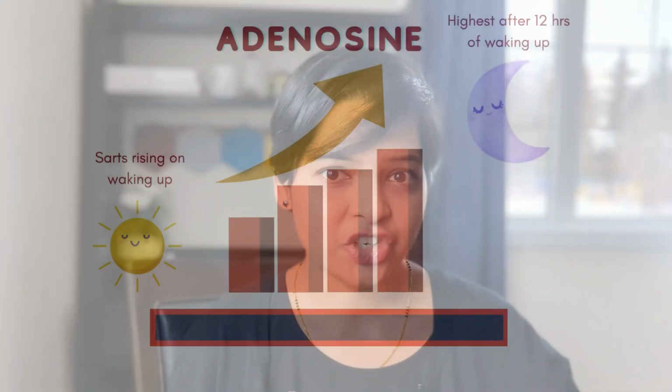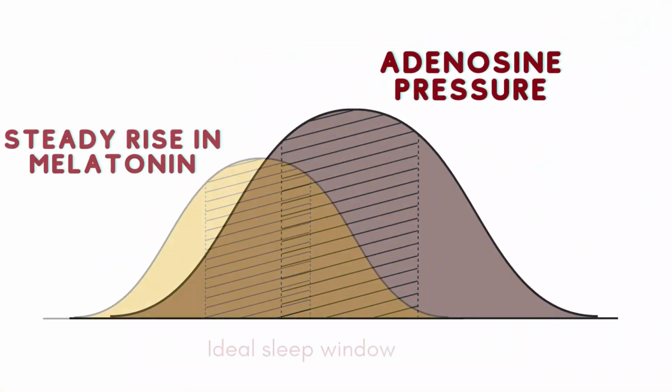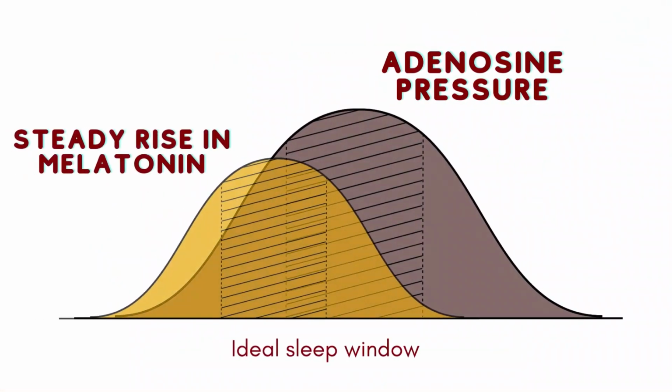In about 12 hours time, the adenosine has reached its peak, and that causes a lot of pressure. We call that the adenosine sleep pressure. So if we time the pressure of adenosine building up and the rise of melatonin peaking, both of these factors, when they come in synchrony together, that forms the perfect harmony. And this allows us to fall asleep and stay asleep better.